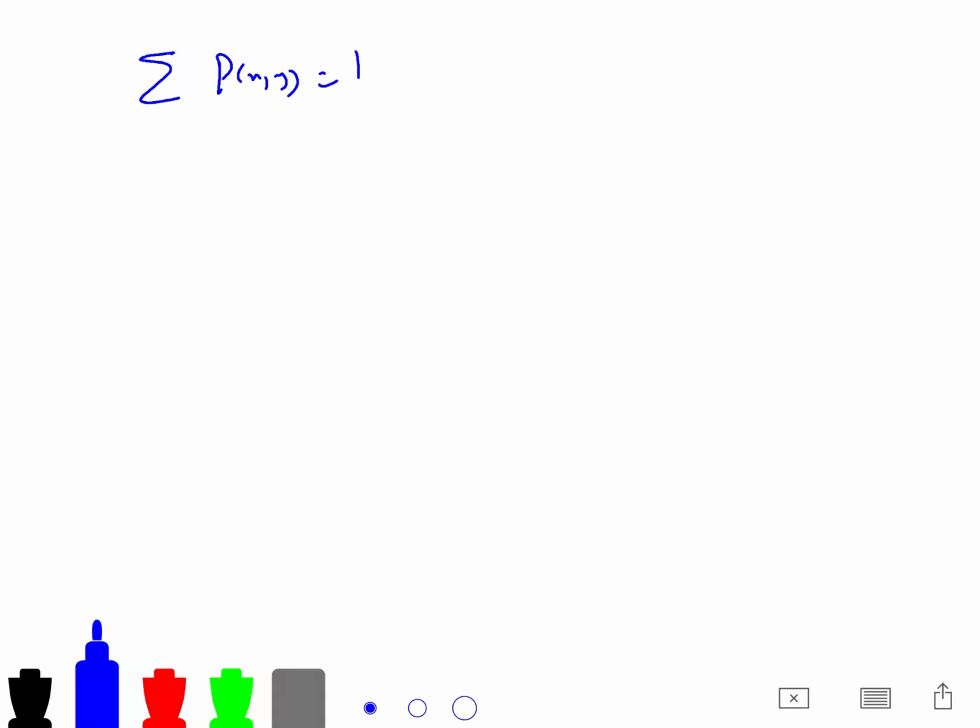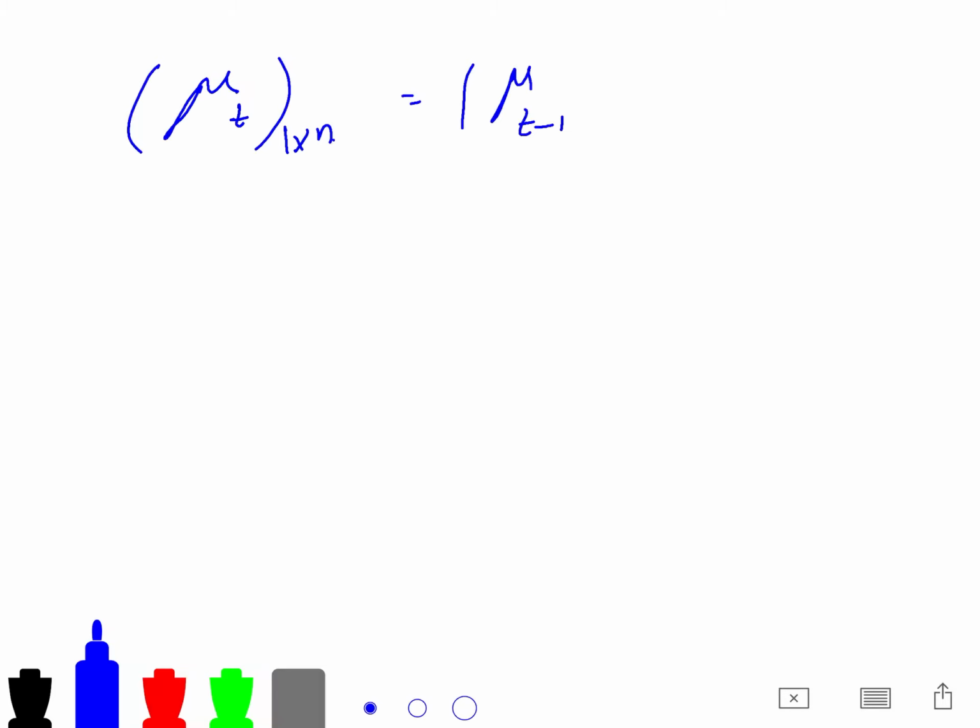Let's review for those who are not familiar with these ideas. So mu_t is a 1 by n vector. If you multiply mu_{t-1} by your transition matrix, which is n by n, the result is 1 by n.